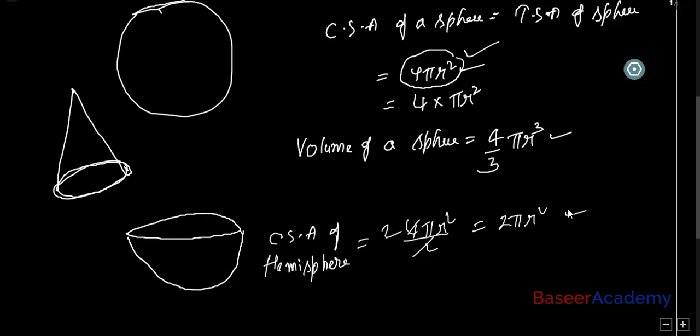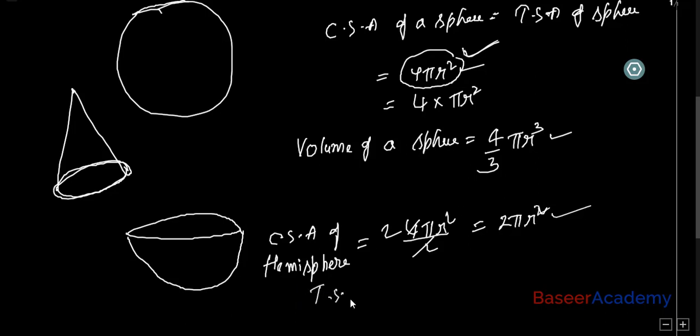You don't really have to remember it separately. You just need to remember the curved surface area of a sphere and just take half of it. Instead of taking 4 pi r square, take 2 pi r square. That would be the curved surface area of a hemisphere.